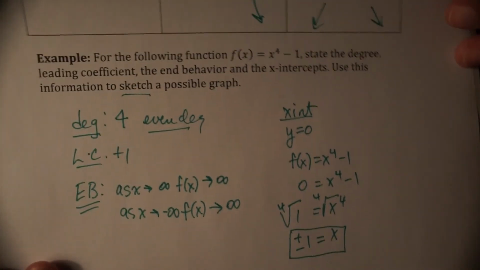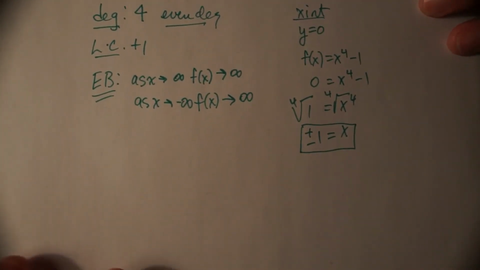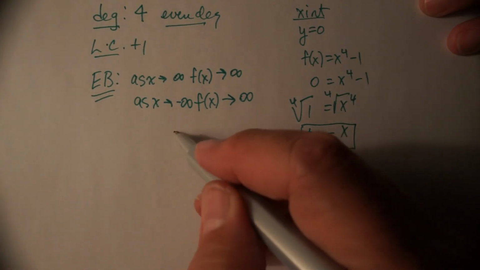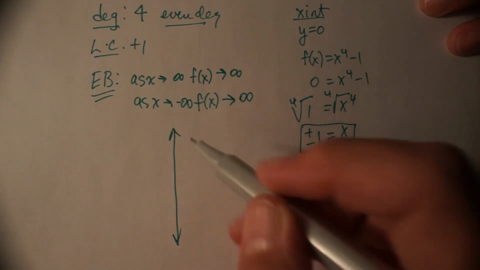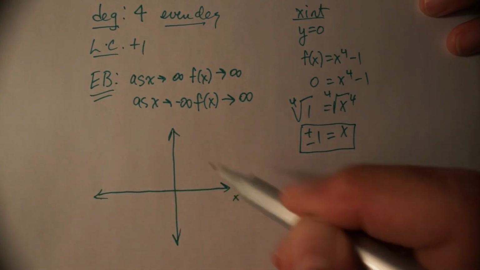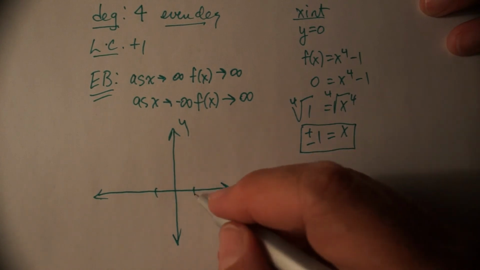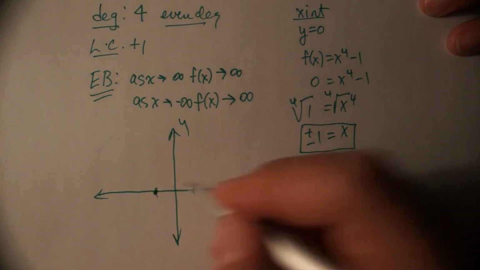Now, I'm going to move it up just a little bit more, and I'm going to try to make a possible sketch. And it's just a sketch. I'm going to put my x and my y, and my x-intercepts cross the x-axis at 1 and negative 1.